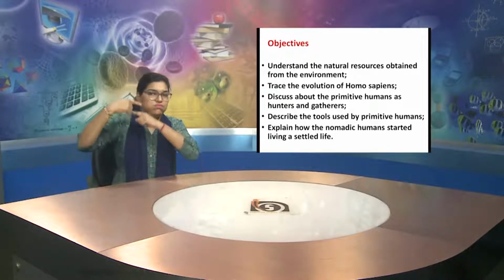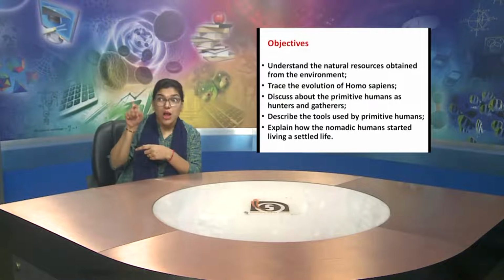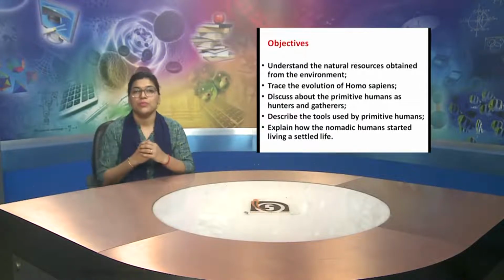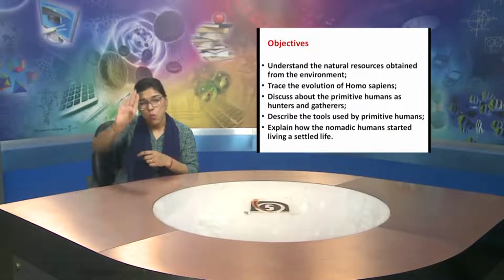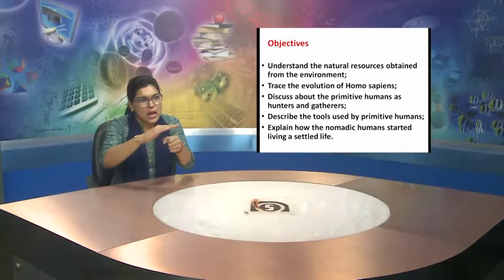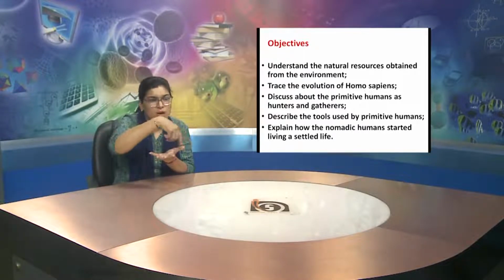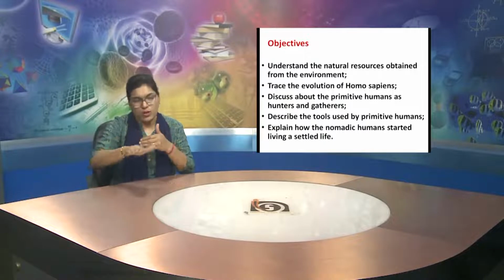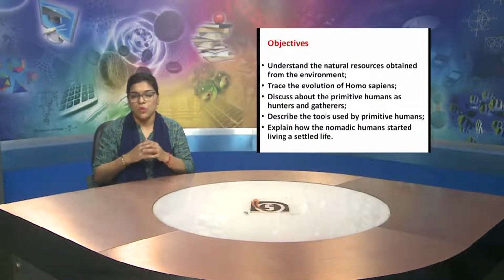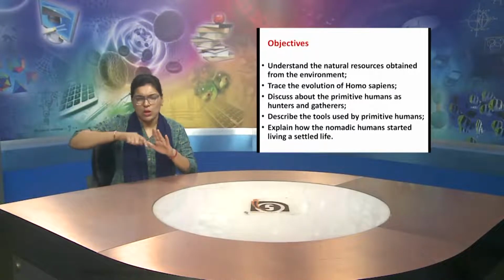Whenever we talk about Homo sapiens, that means the first man of this earth. The third objective of this lesson is we will also be able to understand and discuss all the primitive humans as hunters and gatherers. We will understand all this later.